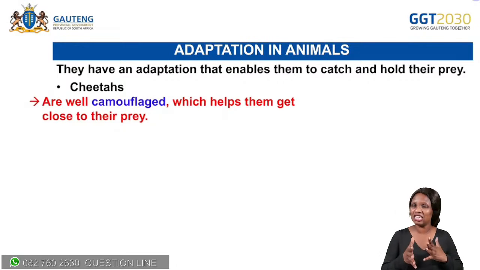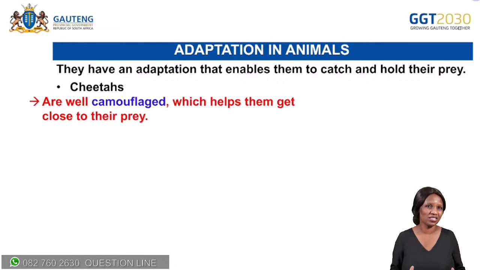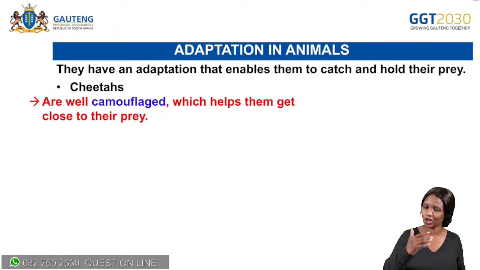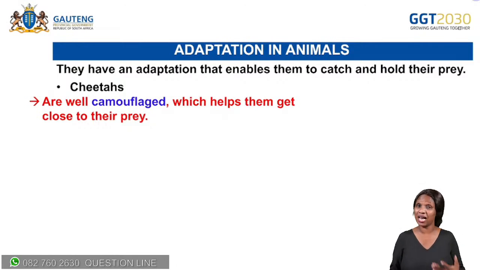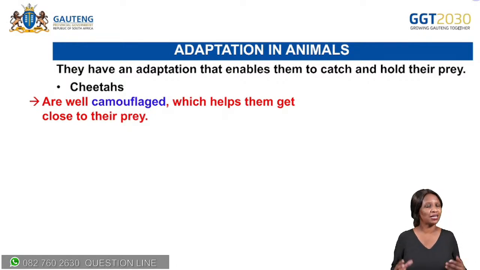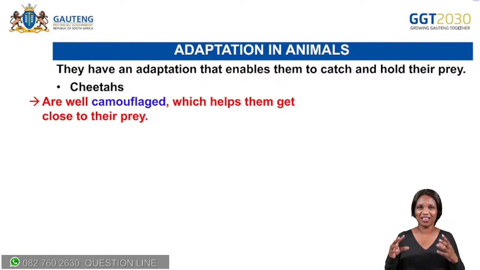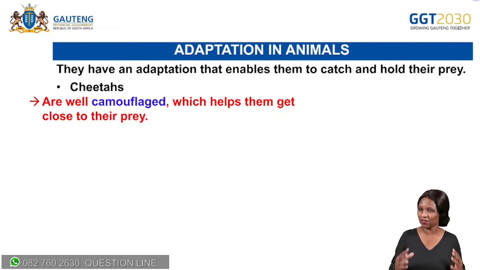They blend into the environment so that the prey won't notice it until it gets close to it. All right. We've got animals that are well camouflaged to their environment, especially carnivores, because carnivores are the animals that feed on what? On meat. They hunt for their prey.